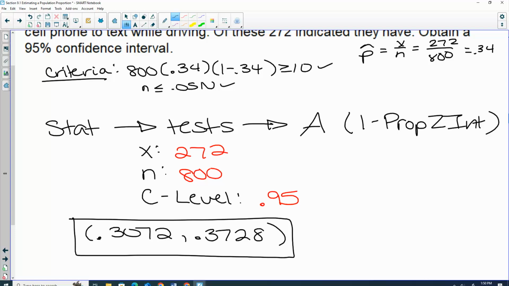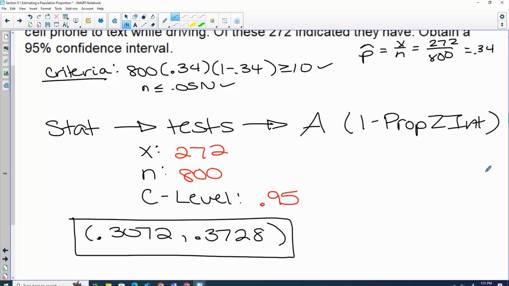Did everybody get that to work? No. Stat, test, letter A. Let's look at what happens in this same example if I change my confidence level.